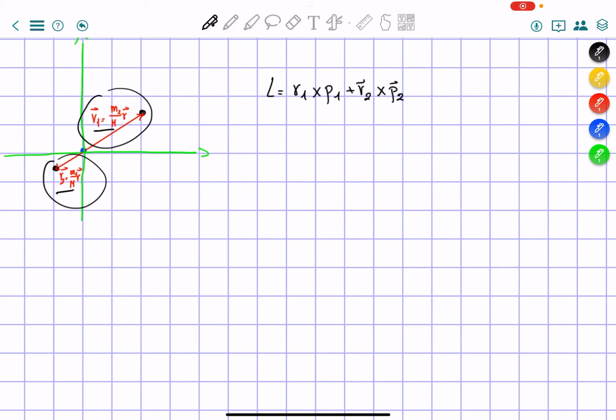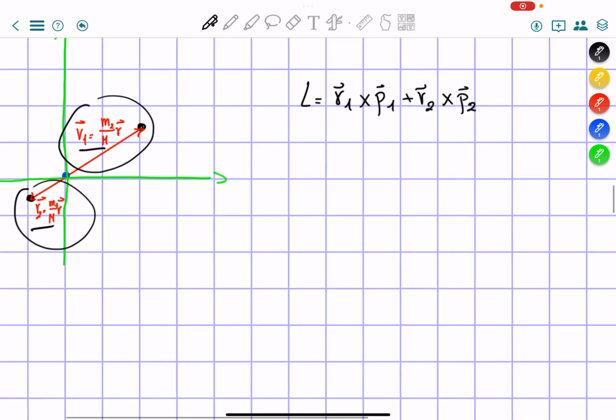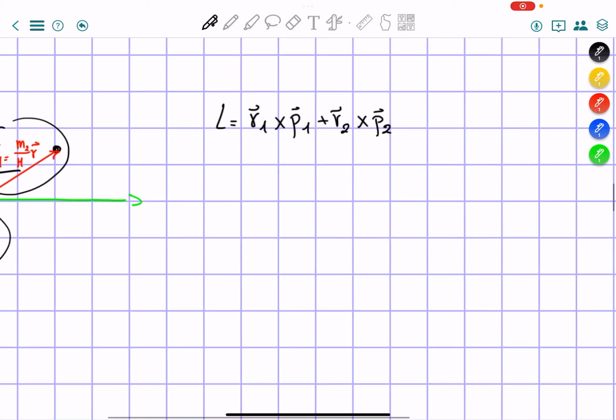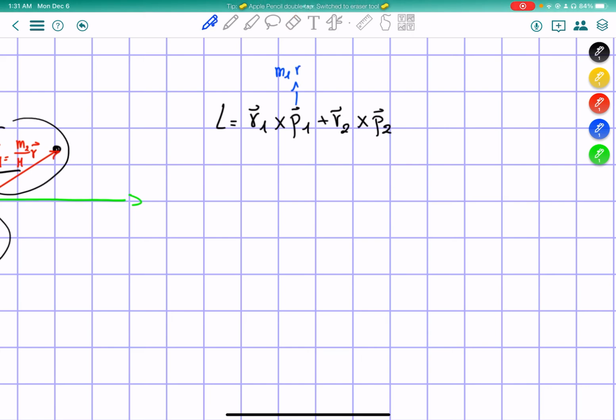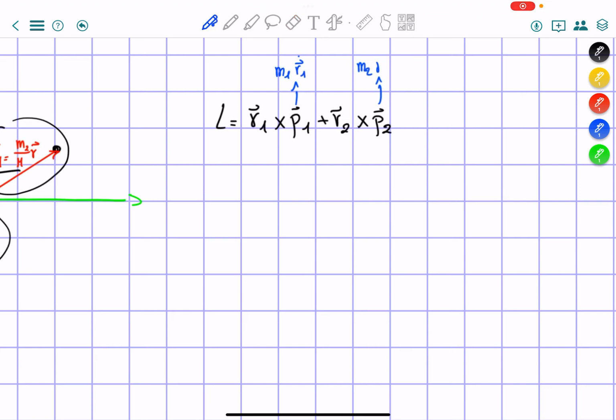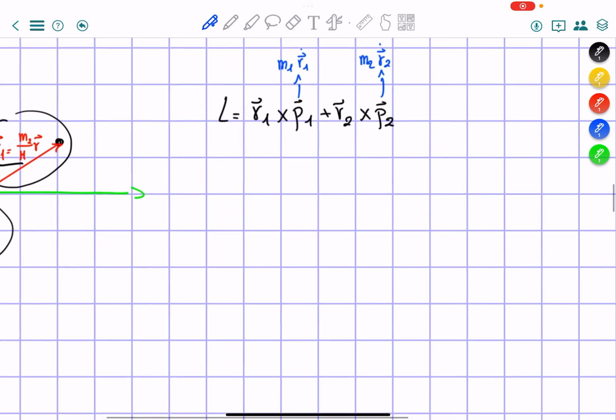All of these, of course, are vectors because there's a cross product, and this is for the whole system. We always, of course, care about the whole system. Therefore, if we rewrite this, we know that p1 is equal to m1 r1 dot, and of course p2 is equal to m2 r2 dot.